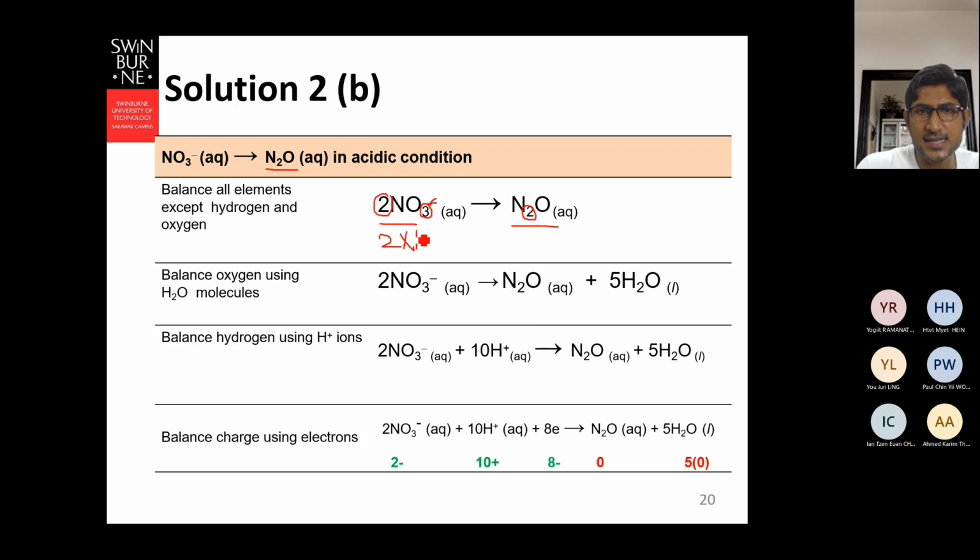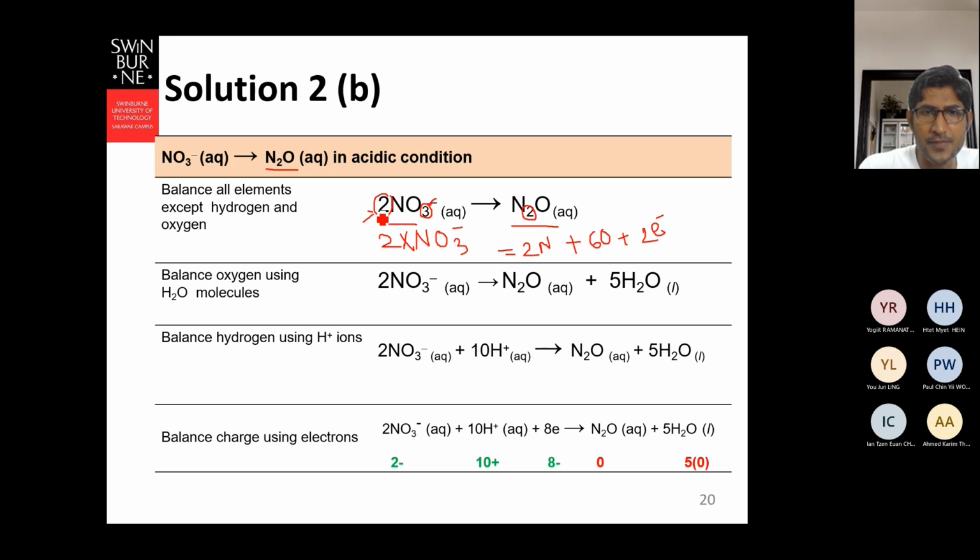We need to understand this because I will not go through others. So 2 times NO3 minus 1. So there are 2 nitrogen here, and then oxygen, 3 atoms of oxygen times 2 molecules, so 3 times 2 is 6 oxygen atoms, plus of course 2 electrons, because each nitrate ion carries one negative charge.